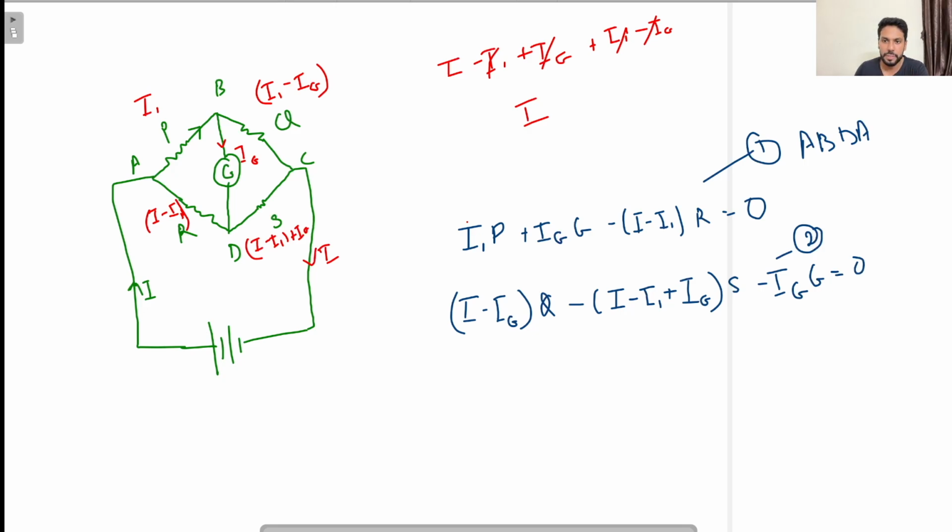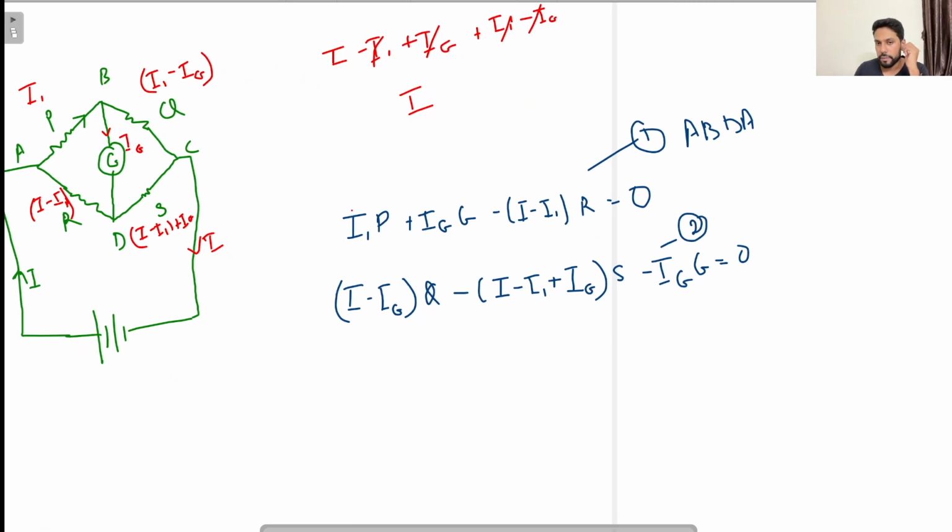This is my second equation, made because of loop BCDB.